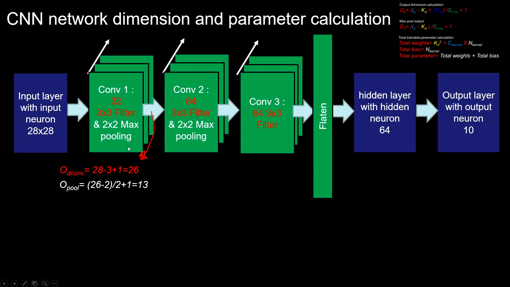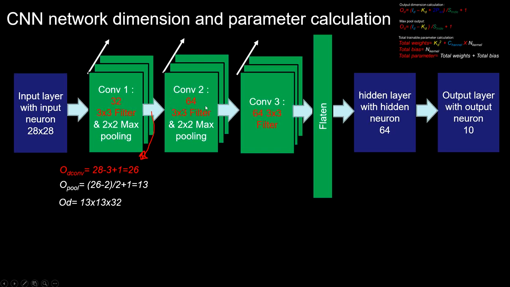Since the stride for every max pooling is 2, over 2, plus 1, your output will be 13. So for this case, the output for the first part of the convolutional layer will be 13 times 13 times 32. 32 comes from the number of filters that you put in the first convolutional layer.